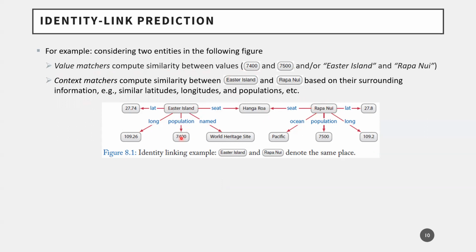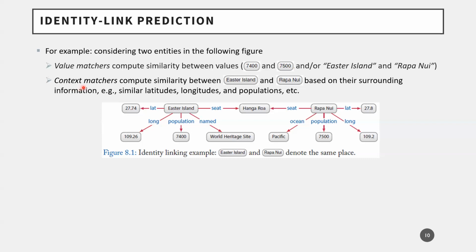For example, a population of 7,400 and a population of 7,500 are quite similar. And also we can consider the string name of the node, Easter Island and Rapa Nui. Of course, they are very different. So following this approach, it is very hard to determine whether the two entities are the same or not.